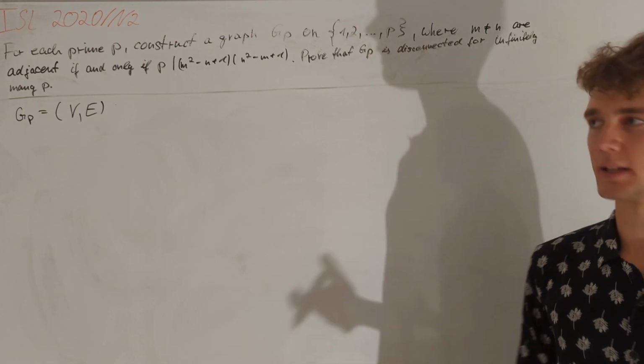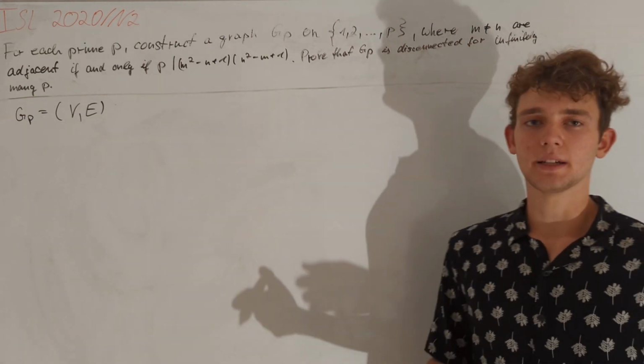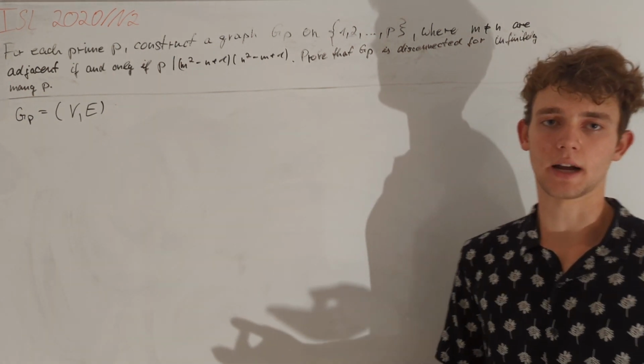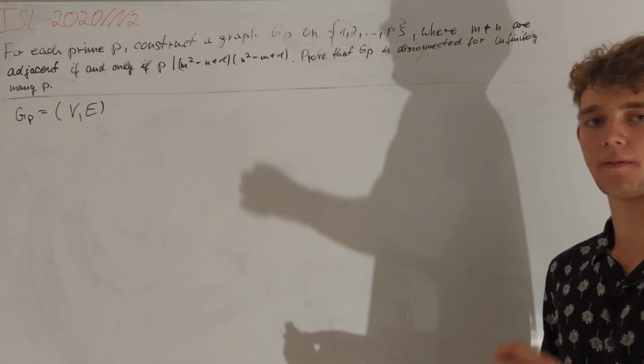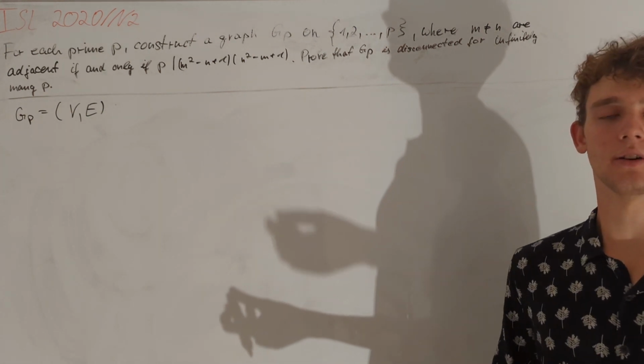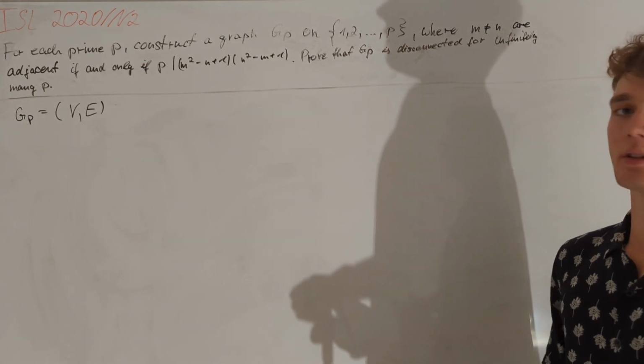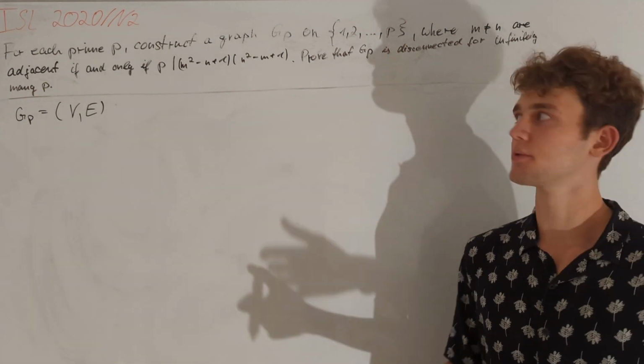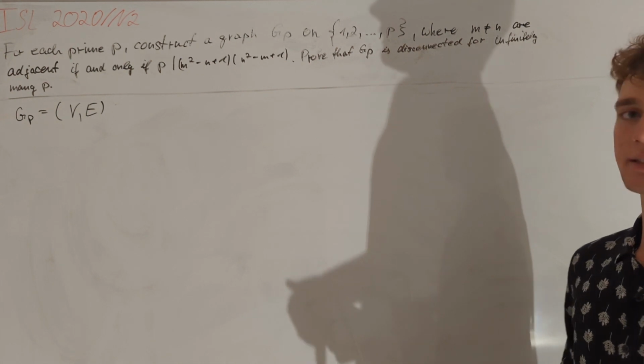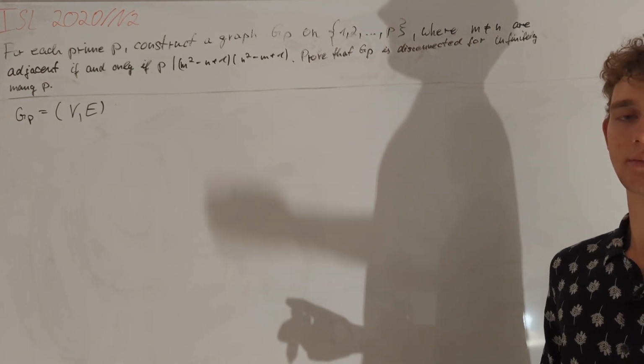So let's continue. A tree is a minimal connected graph. Therefore, this property fails if we remove any of its edges. This is interesting because we also know that any tree of p vertices has exactly p minus 1 edges.